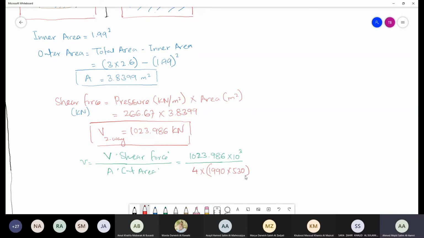Now can you give me how much is your shear stress for 2A?